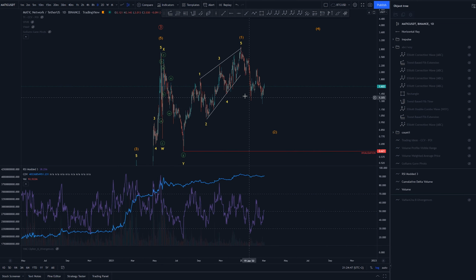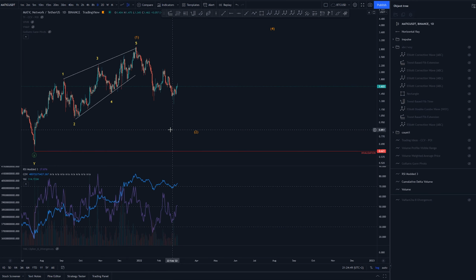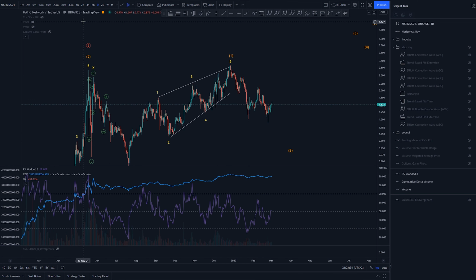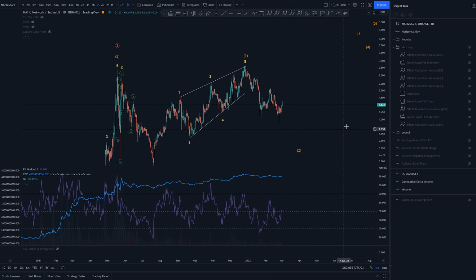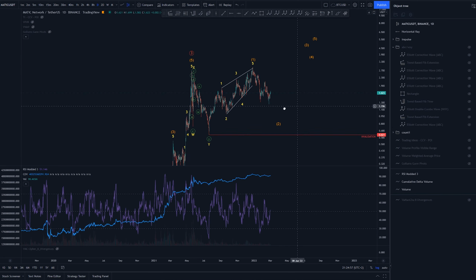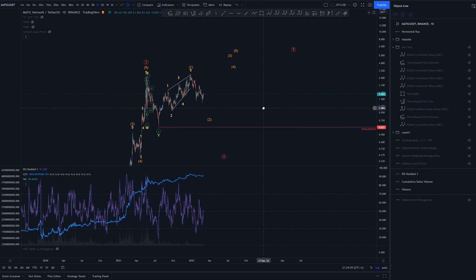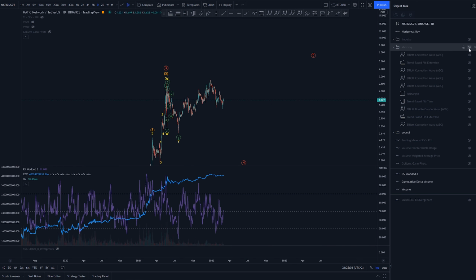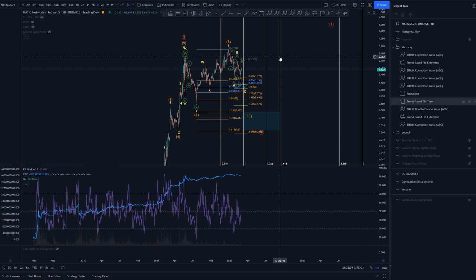But in any case, if these wicks are not there in other exchanges, this might be possible, I'm not sure. But I think that is all the things. I want to leave you with this count instead.